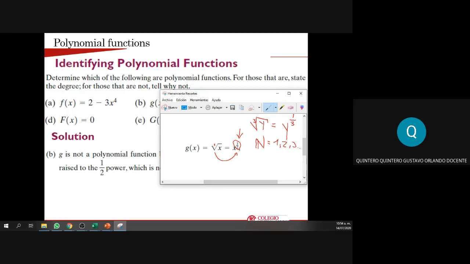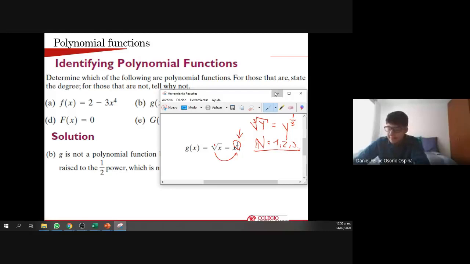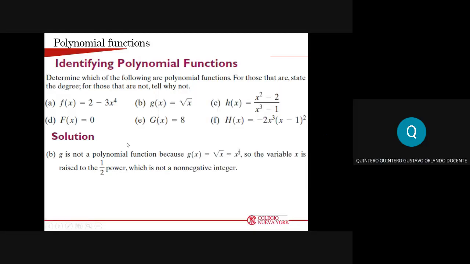And if the exponent is not natural, then the function is not a polynomial function. Every single one of the exponents has to be a natural number. If we find one that is not natural, then it's not a polynomial. Did you get it, Danny? Okay, teacher, thank you. All right, cool. Beautiful. So this one is not a polynomial.